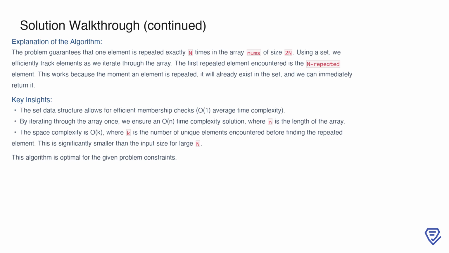This ensures that our solution runs in linear time, O(n), where n is the length of the array. Additionally, the space complexity is proportional to the number of unique elements encountered before finding the repeated element, which is much smaller than the input size for large arrays. This makes the algorithm both time and space efficient, adhering to the problem's constraints.